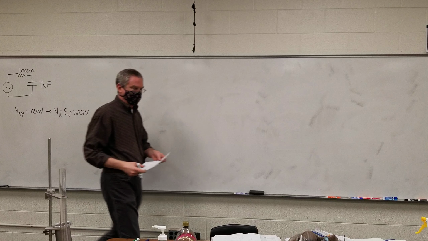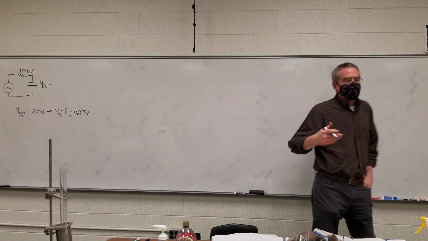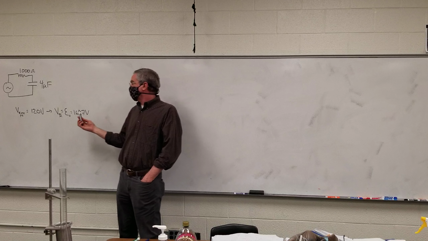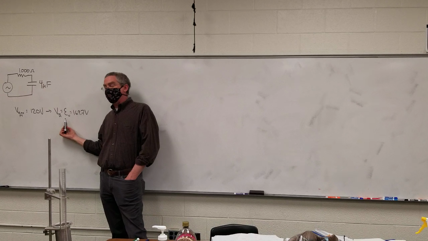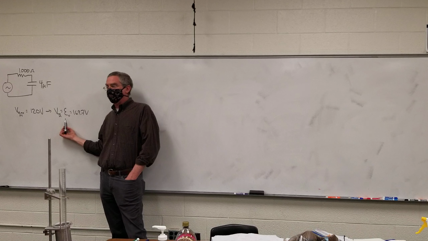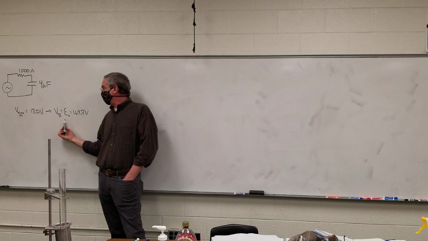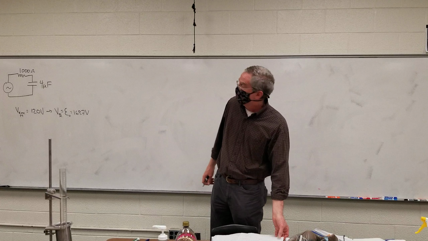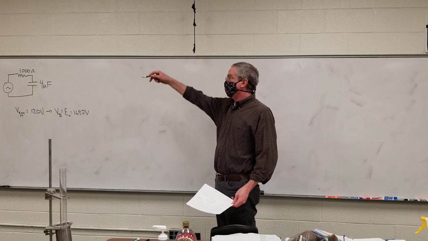I just want to point out that epsilon sub 0 is something we've been using for the permittivity of free space, and this epsilon sub 0 is not the same epsilon sub 0. This is an epsilon for EMF, and sub 0, sometimes I'll do sub m, but habit has me putting this 0 there. It's the amplitude of the voltage coming from the power supply.